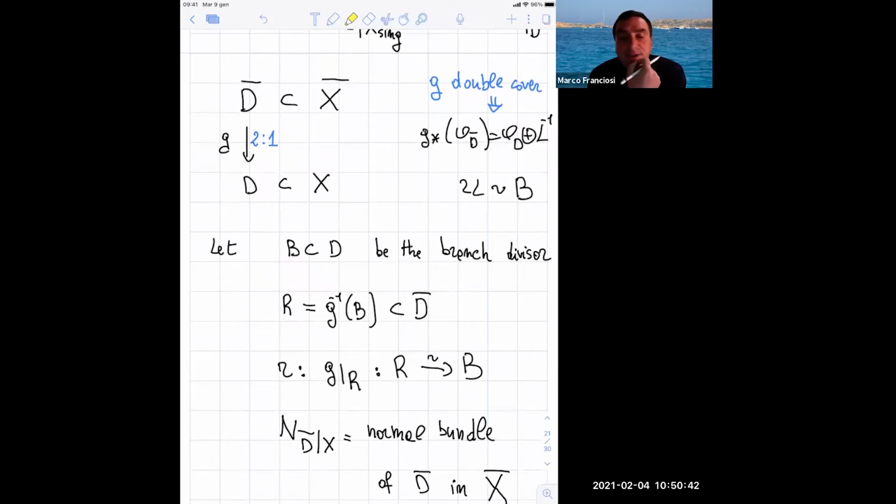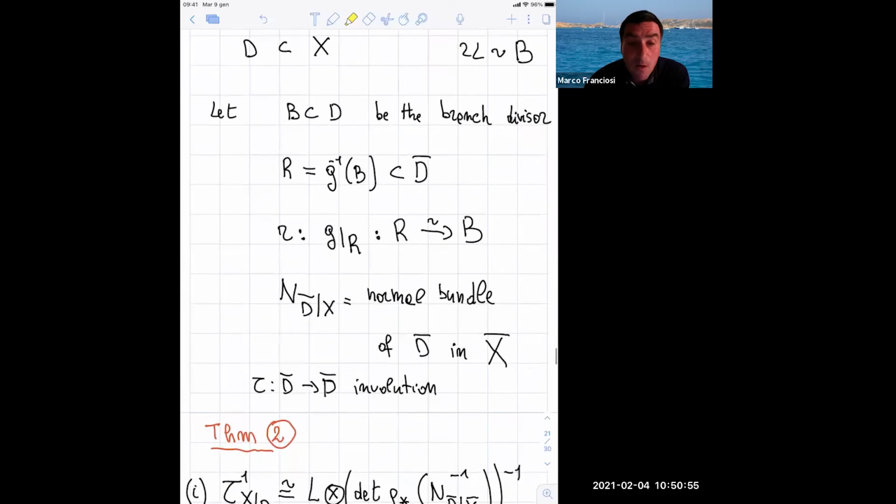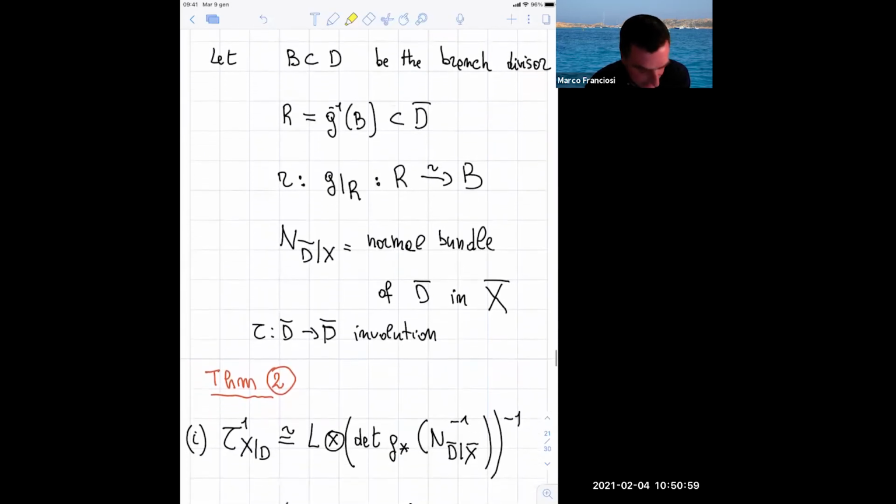And we have a restriction map of g restricted to R, which gives an isomorphism to B. So now consider the normal bundle of D bar in X bar and tau our involution. So the second theorem is the following.